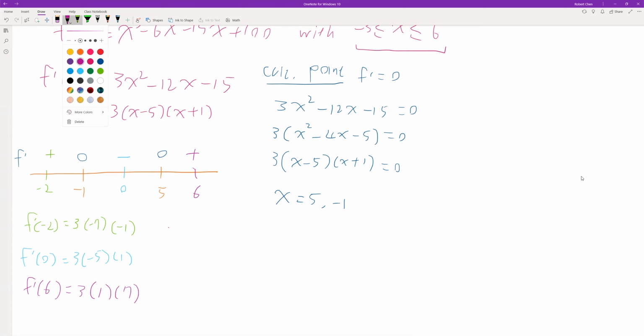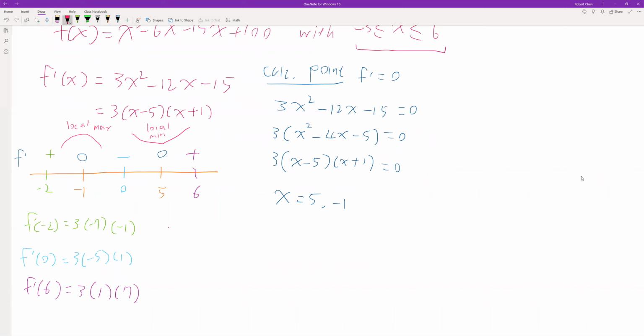Okay, so by the first derivative test, we have critical points at -1 and 5. At -1, it went from positive to negative. Positive means increasing and then decreasing, so here we have a local max. And at x equal to 5, we are decreasing up to 5 and then increasing after 5, so that will be a local min.